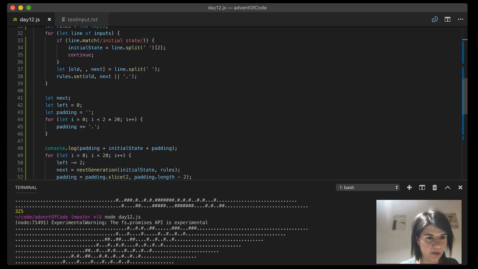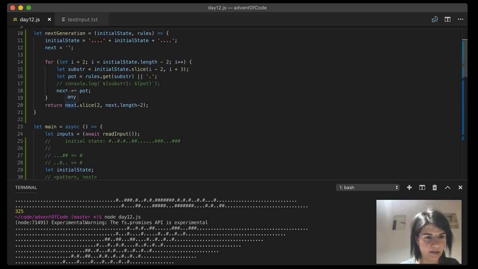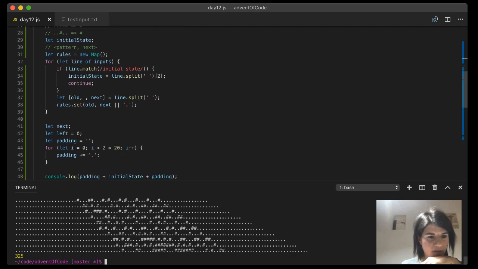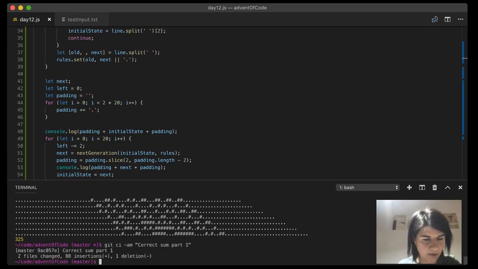So I made it worse. Let's fix that. I have to write sum, but why does it not print nicely? I want this to print nicely, but let's look at that. What's wrong here?